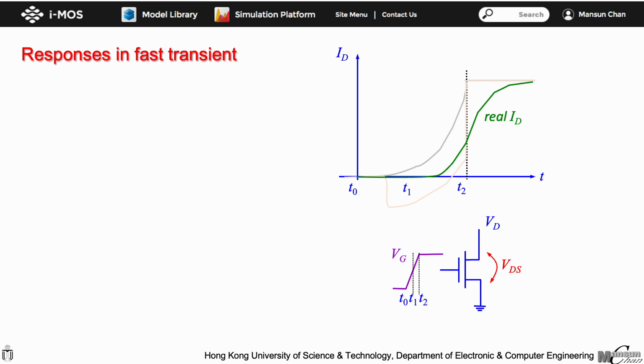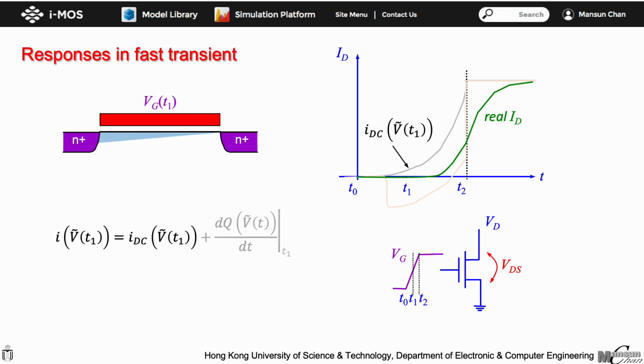Physically, the current should look like what is given here in green color. Before the channel is formed, no DC current flows through the channel due to the high channel resistance. At T1, the gate voltage is beyond Vt, and the channel is supposed to achieve equilibrium condition under the quasi-static assumption.